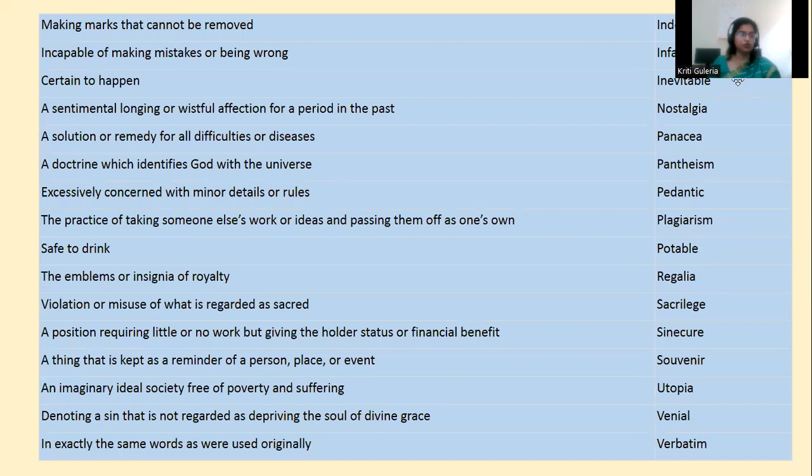Violation or misuse of what is regarded as sacred, sacrilege. A position requiring little or no work, but giving the holder status or financial benefit. Sinecure. A thing that is kept as a reminder of a person, place, or event. Souvenir.